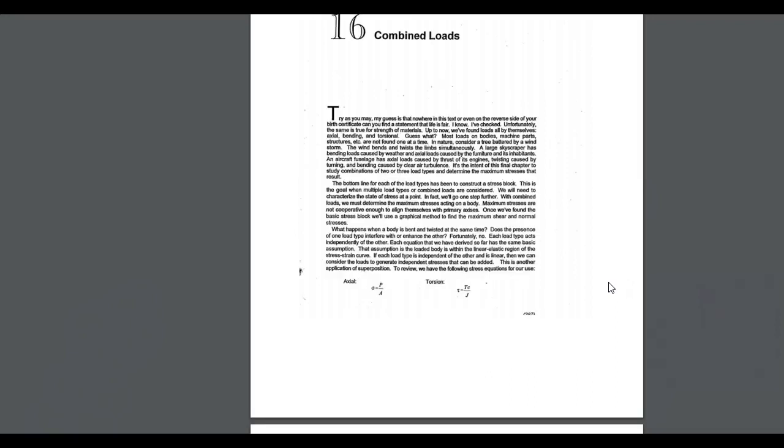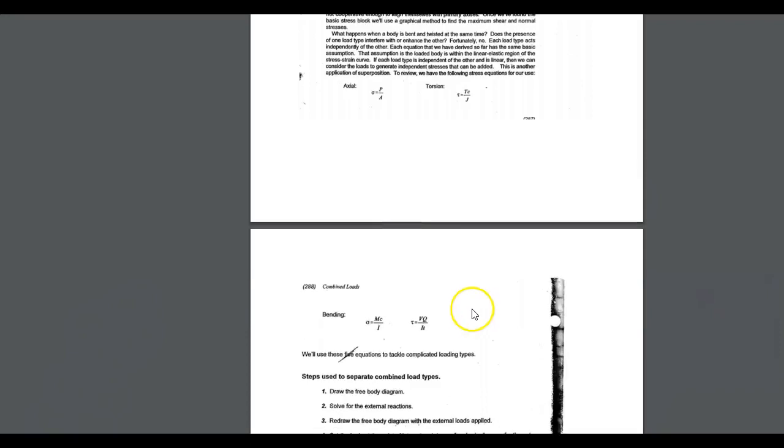So if you look at this page, this is the first page of the handout, you'll see that we have sigma for an axial load as P over A, and for torsion, I guess it would be the torque, we have a shearing stress in the amount of TC over J. And then for a bending load, which is not pure bending, but rather a bending load that causes not only a sigma in the amount of MC over I, but also causes that VQ over IT.